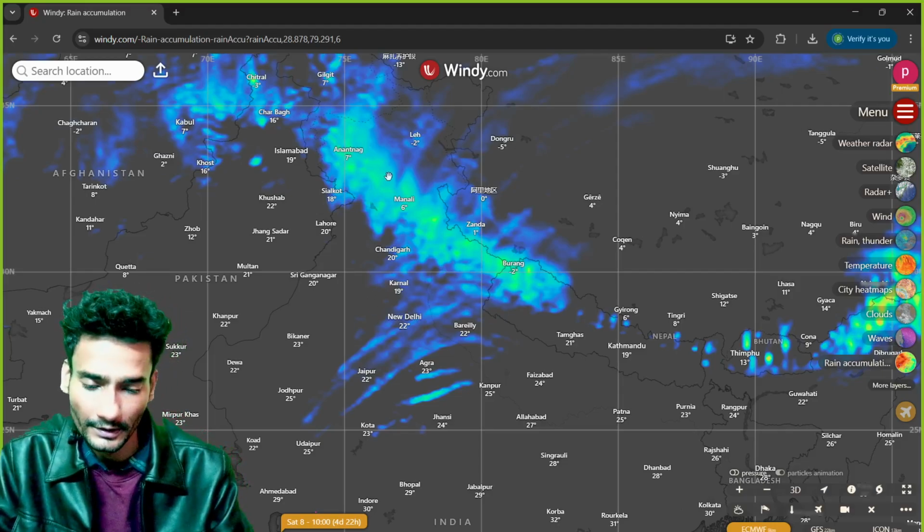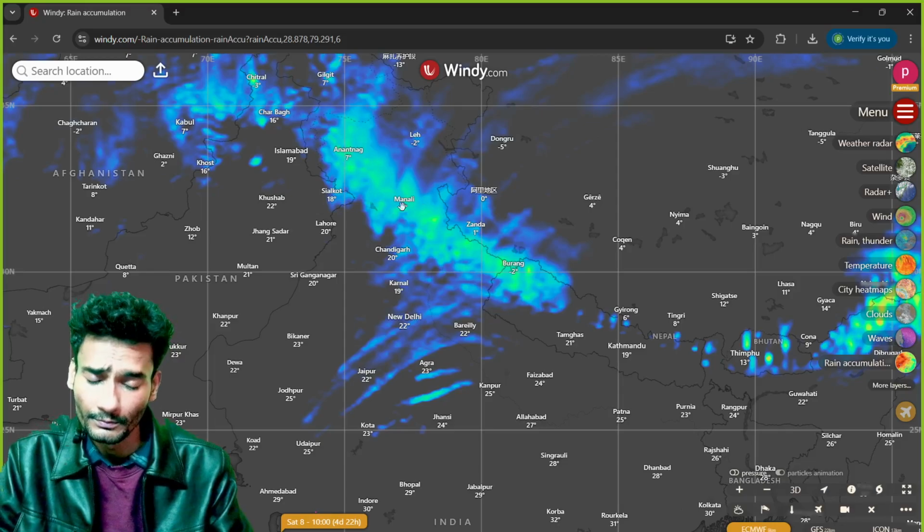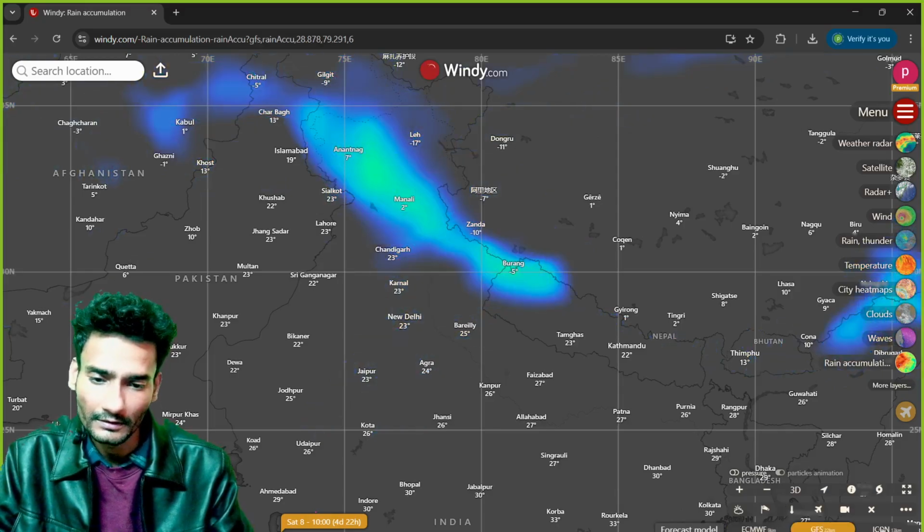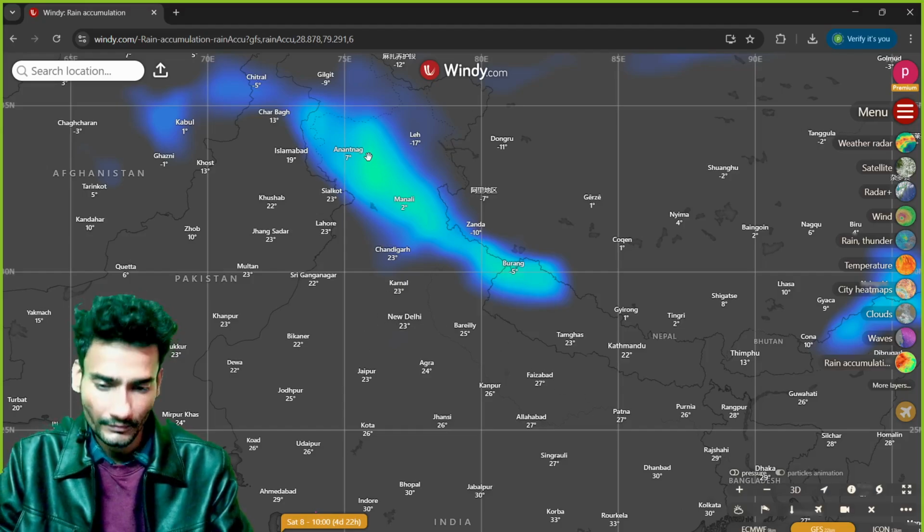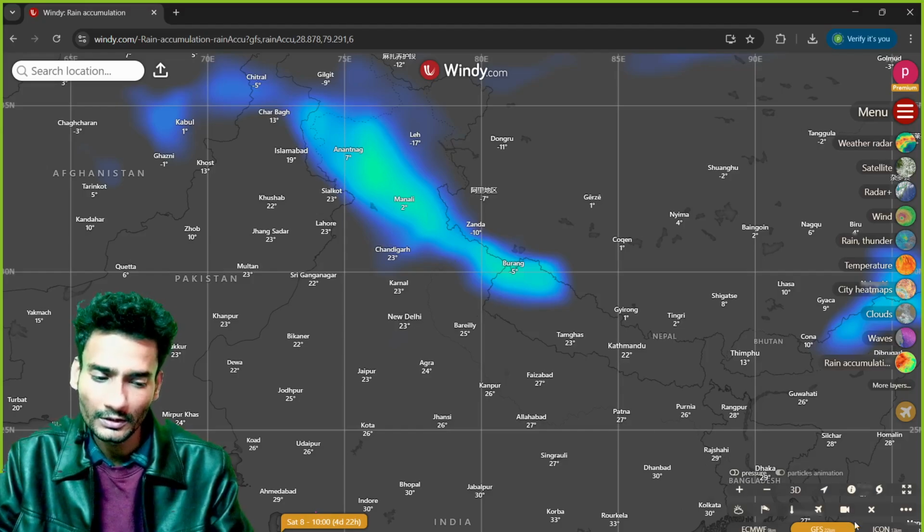Of course, Uttarakhand and Jammu and Kashmir are likely to receive the best out of this system. But the models aren't in agreement. For the mountains, that is Jammu and Kashmir, Punjab, Himachal, and Uttarakhand, all three models are in agreement.